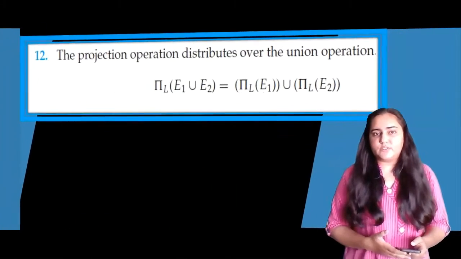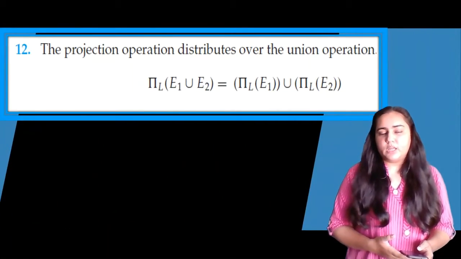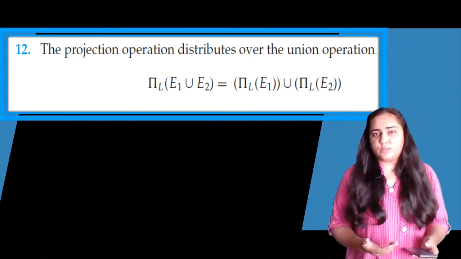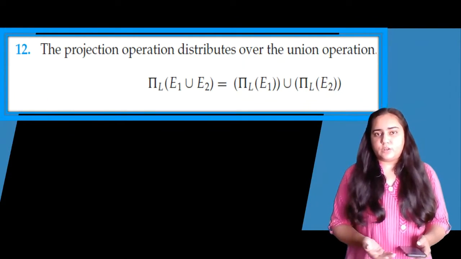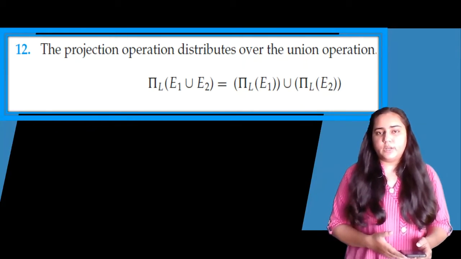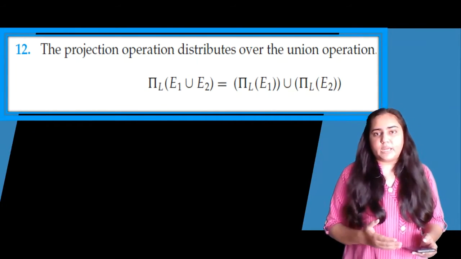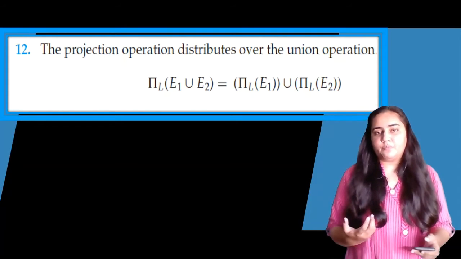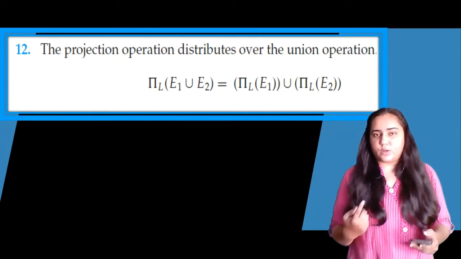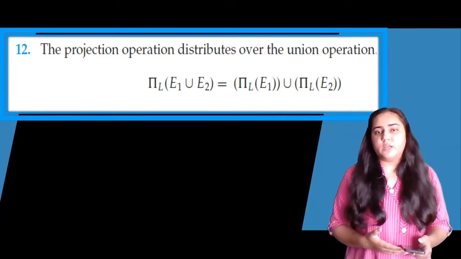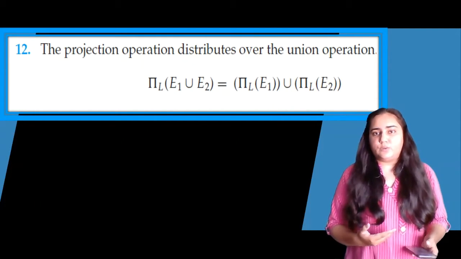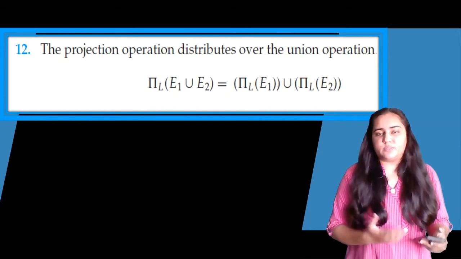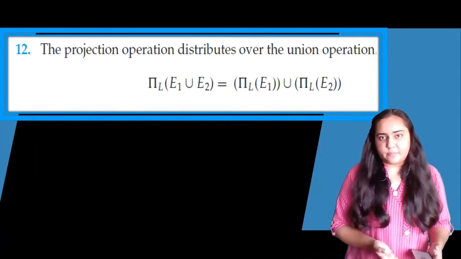Now let's see the next one. Next one is number 12. This says that the projection operation can also distribute over the union operation. So you can see here there is pi L, which is the attribute I want to take, a list of attributes, not one attribute, but a list of columns. And I've done E1 union E2. And from there, I'm getting some list of columns afterwards, which I want to display.